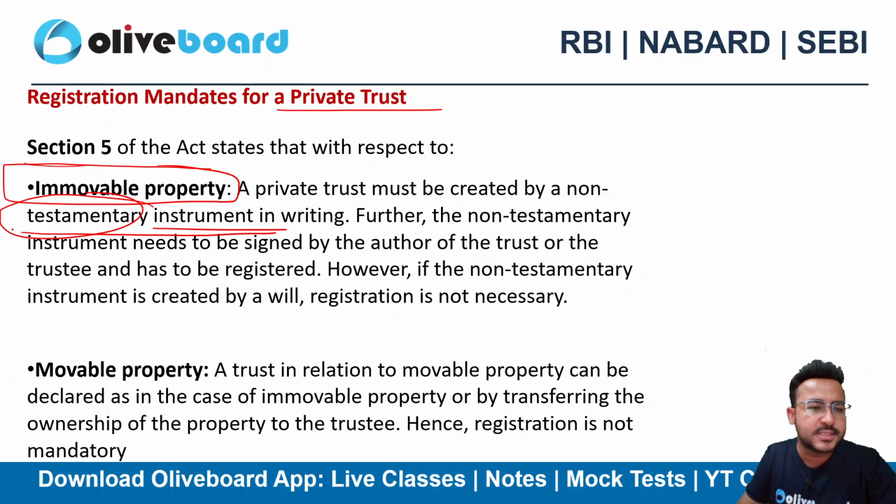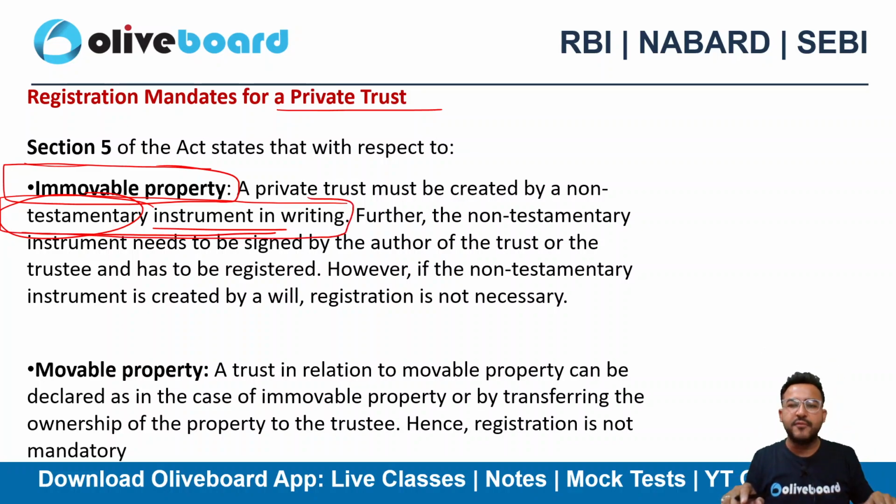What is a non-testamentary instrument? Basically, it's nothing but the trust deed only, right? So we have to execute everything on a piece of paper, which is called a trust deed.